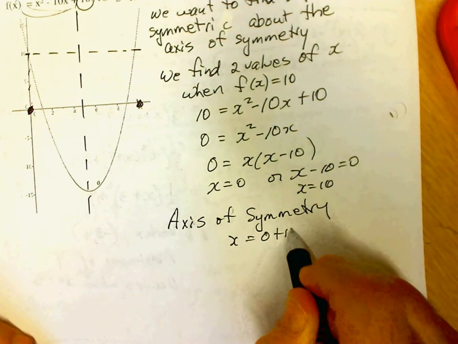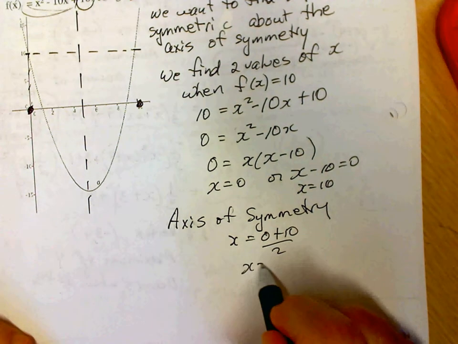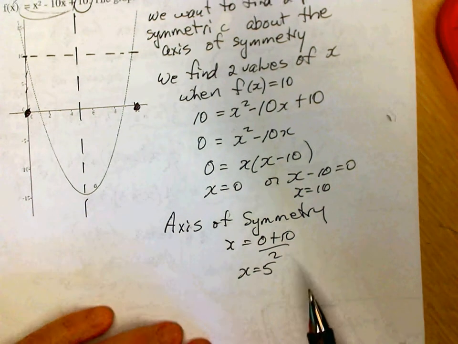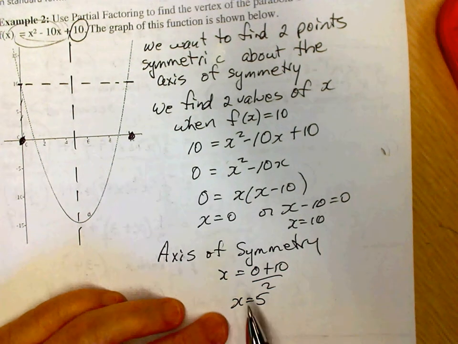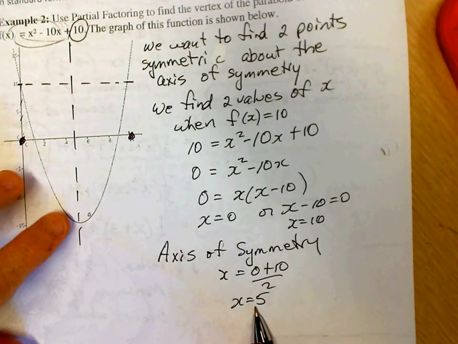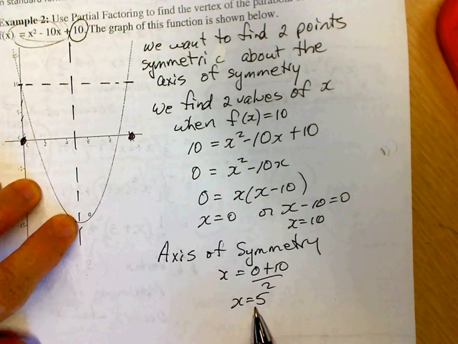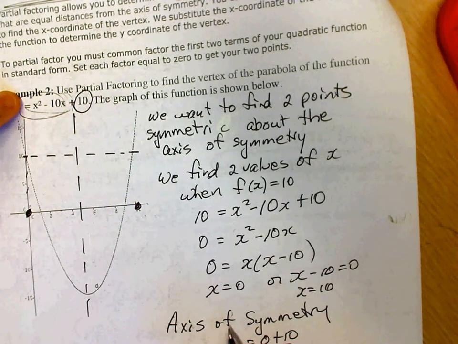Now, if I know the x value of my vertex, how do I find the y coordinate of the vertex? If I know the x value of my vertex, how can I find the y value?